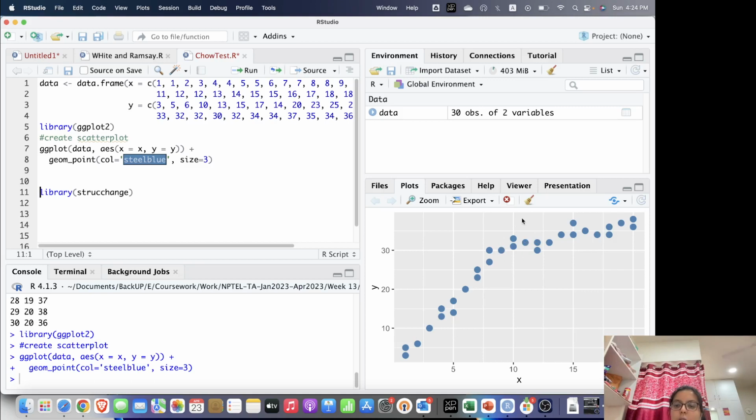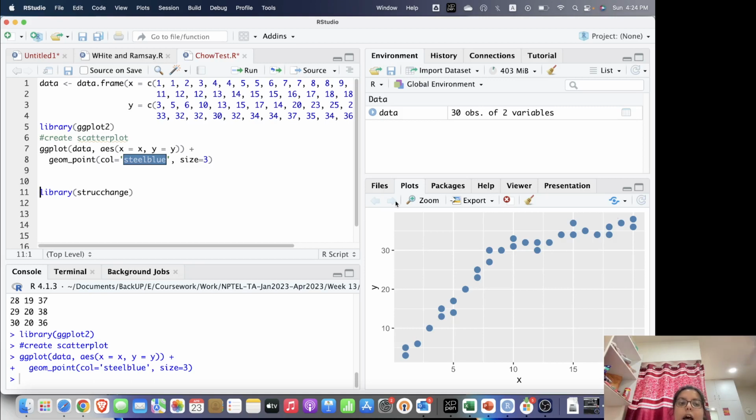Okay, so point 10 could be a potential structural breakpoint. So in order to test whether the two regression coefficients, both the intercepts and the slopes, are the same or not before 10 and after 10, we would have to perform this Chow test.